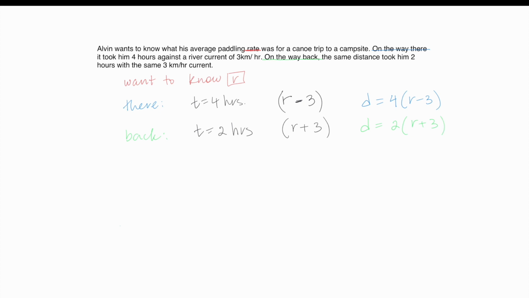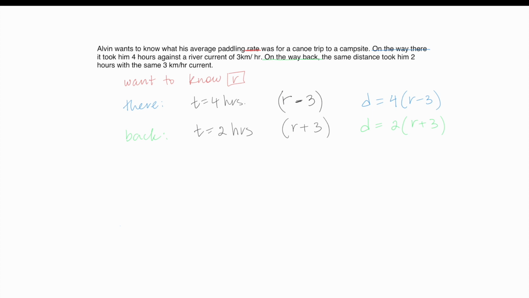Now, there is another thing that we do know. A lot of people get confused because there is no distance given, so you're left with two unknowns, the distance and the rate. But what we do know is that he was just going between wherever he was and the campsite and then back. So the distance he traveled was exactly the same.